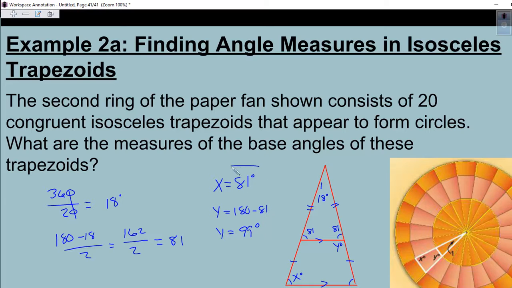So we have our two values here: x is 81 and y is 99 degrees. So the central angle, find the base angles for that vertex angle of an isosceles triangle, and then use the linear pair postulate to help determine that these are supplementary.